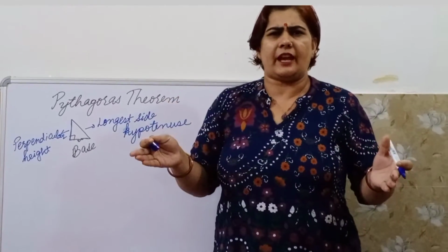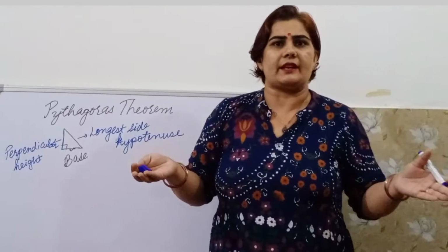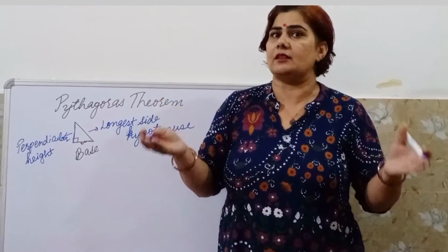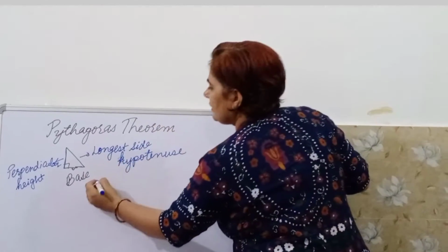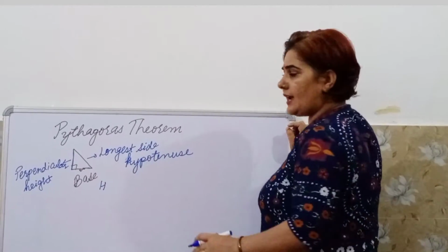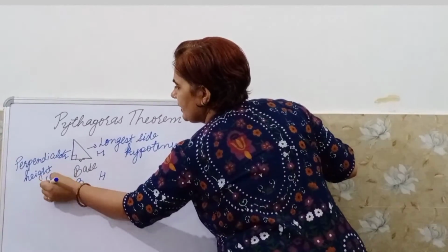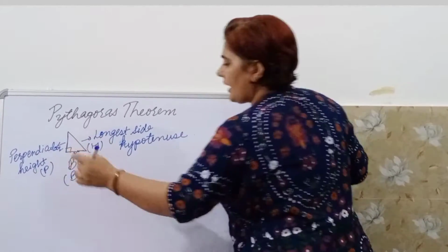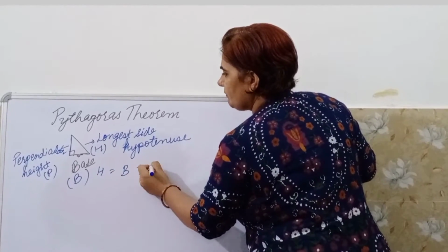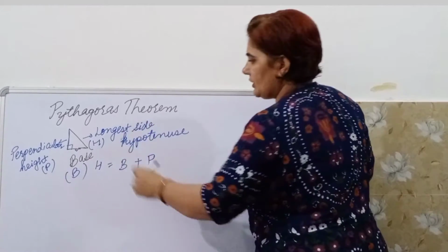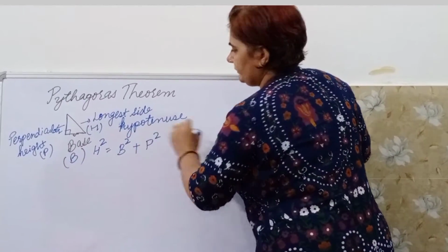As we have done the triangle inequality theorem, there we learned the sum of two sides is always greater than the third side. Here students, we will use this hypotenuse. We will name it H, this B and this P. So here H squared is equal to base squared plus perpendicular squared.